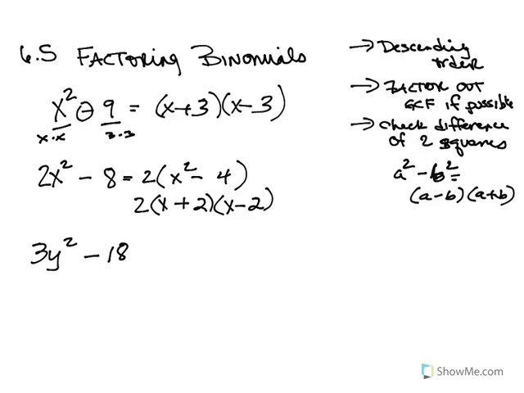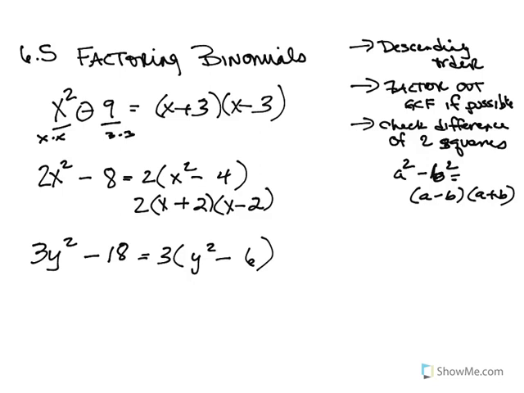All right. Next one, 3y squared minus 18. It's in descending order. Factoring out a greatest common factor would be a 3. So y squared, minus 18 divided by 3 is 6. So y squared minus 6. Then we check for the difference of two squares. y squared is y and y. 6 is 2 times 3, 1 times 6.